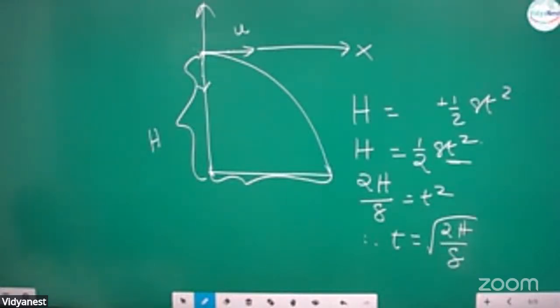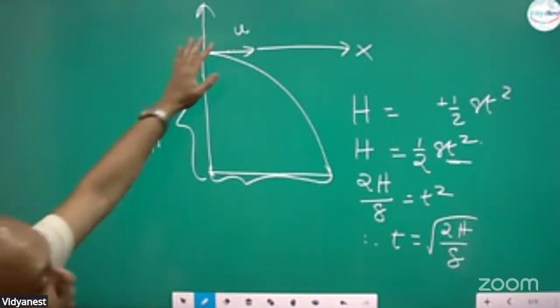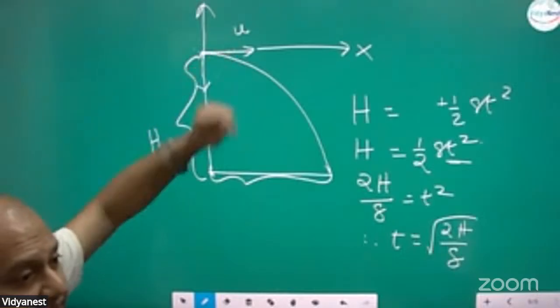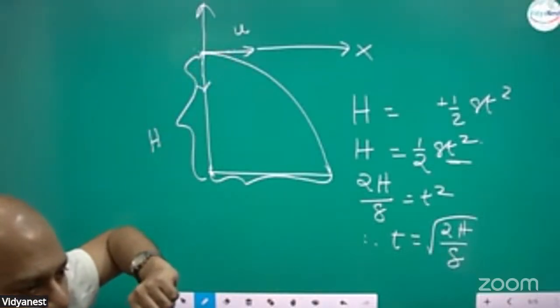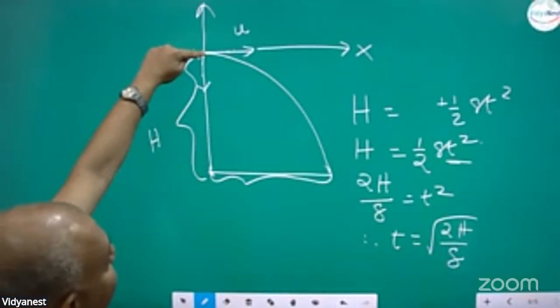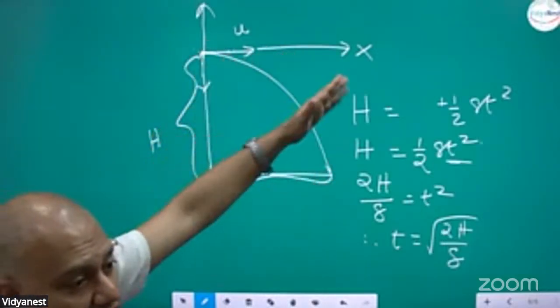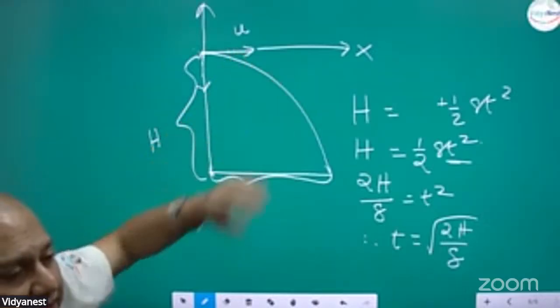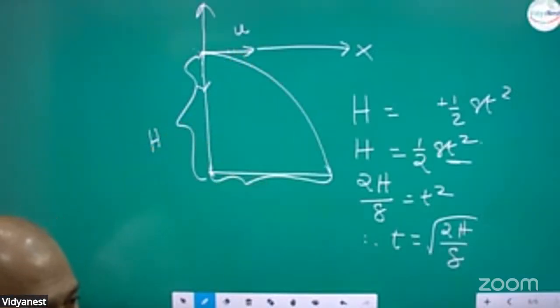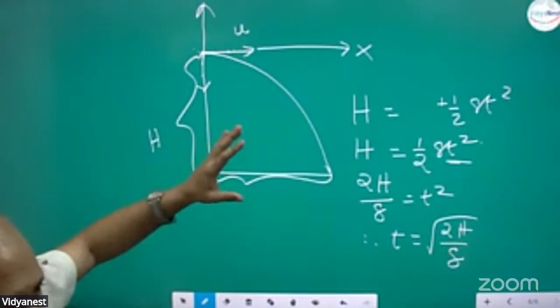U cos theta into time, isn't it? But here there is no cos theta. Is there any angle information given? No. So this u, the horizontal velocity, is the actual velocity in the horizontal direction. We need not think about the cos component. Clear?